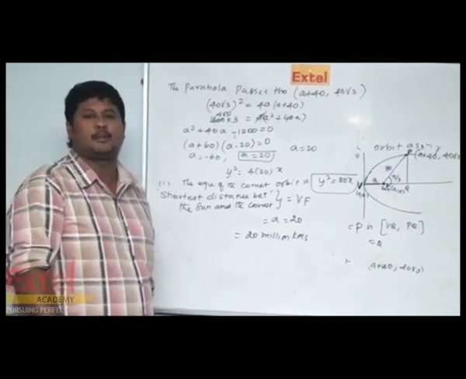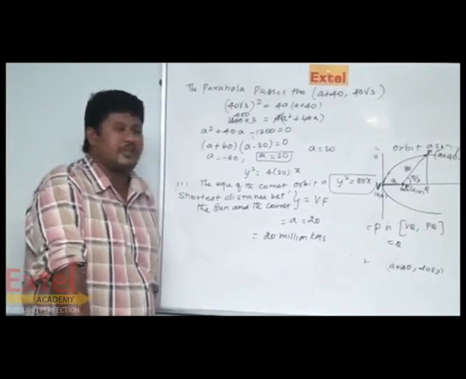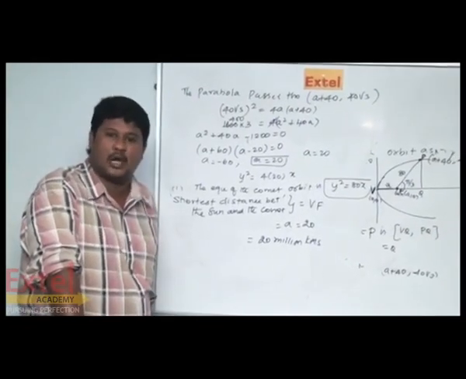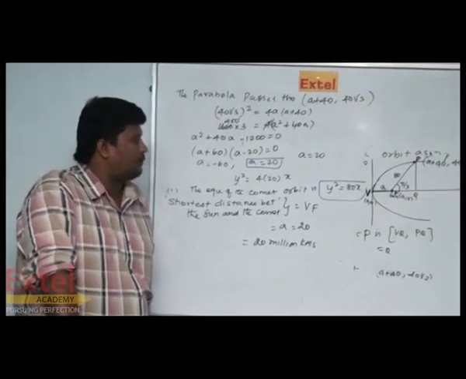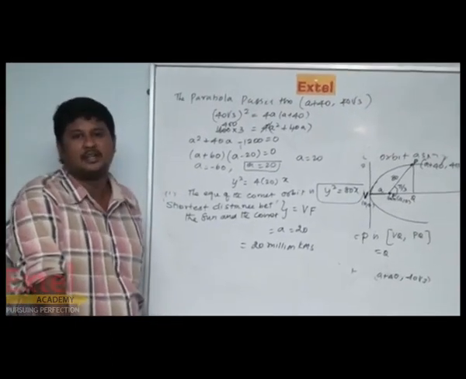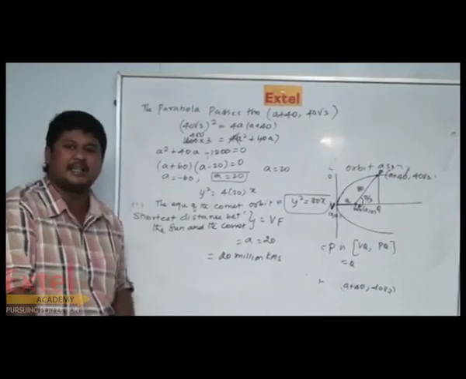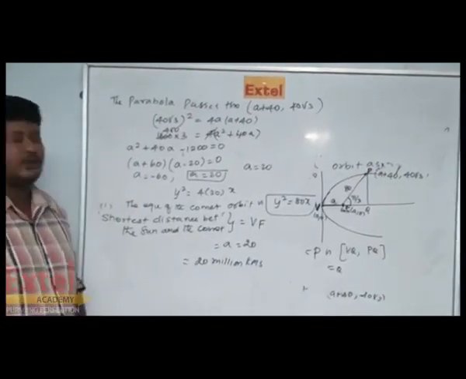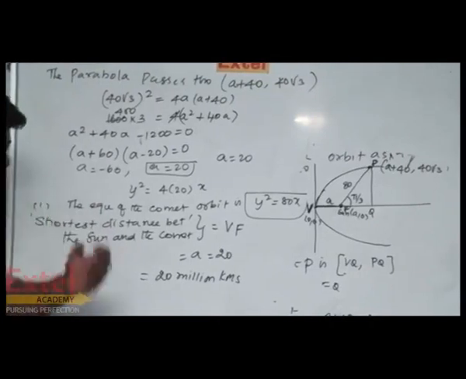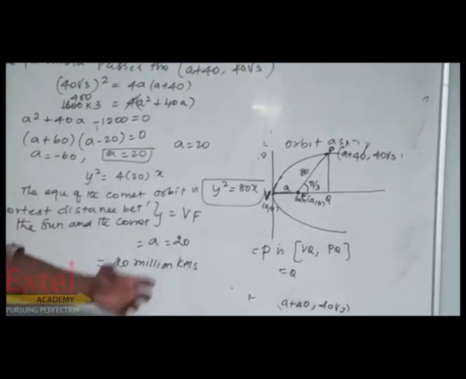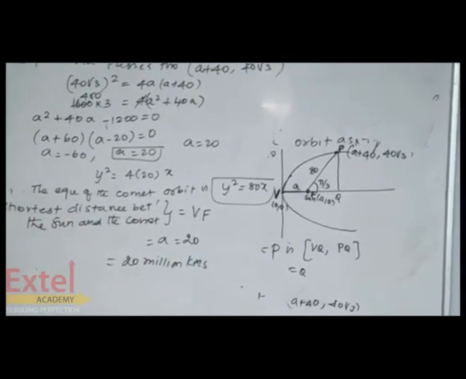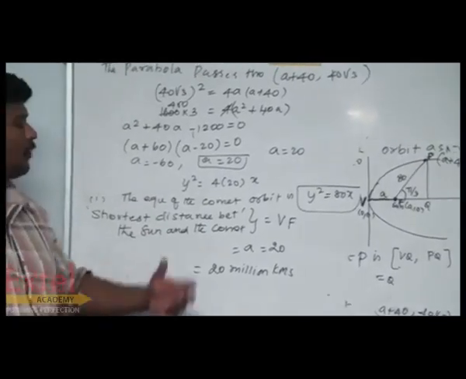Then we draw PQ parallel to the axis of the parabola, forming the triangle FPQ, where the angle is 4 pi by 3 radians. Therefore, we have all the data. Using that data, we find the values of PQ and FQ, and get the point P as A plus 40 and 40 root 3.